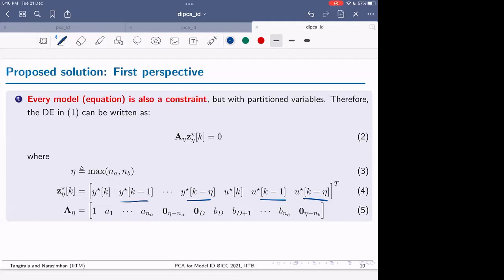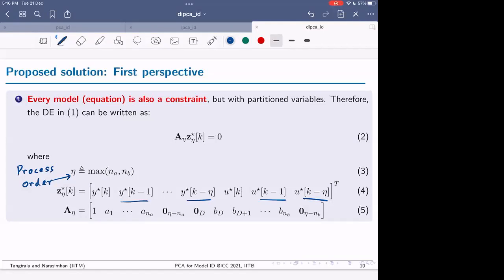Now here we introduce a quantity called process order, eta. It is the max of the input and the output order. We do not know Na and Nb, that's the point. So let us assume that there is an eta, which is the max of both.